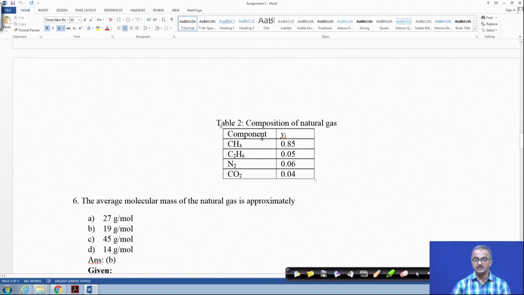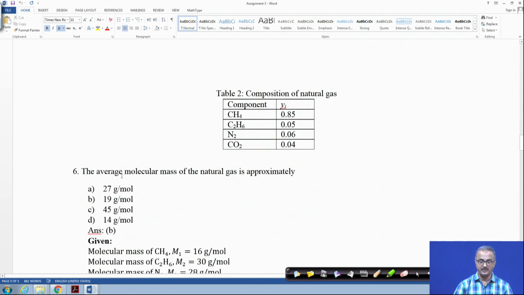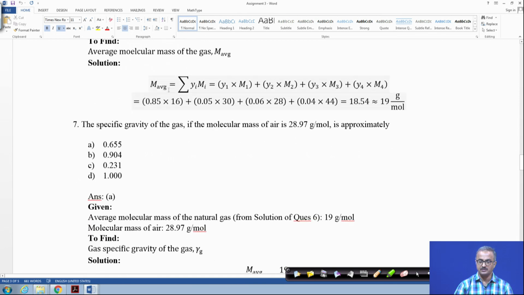The rest of the questions, from 6 to 10, are based on this particular composition. You are asked to find out the average molecular mass, that is the summation of the product of the mole fraction and the molecular weight of each component. That way you get the average molecular weight, and this is the formula you are using to get the average molecular weight of the particular natural gas.